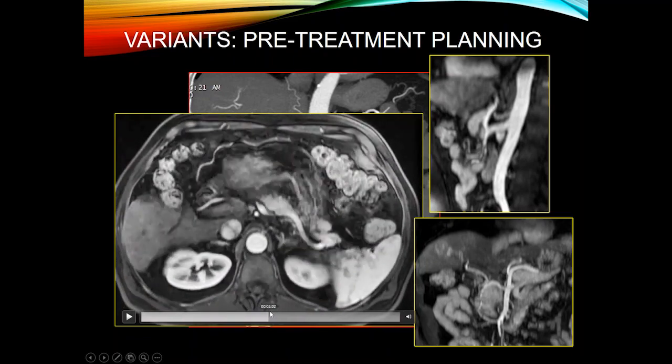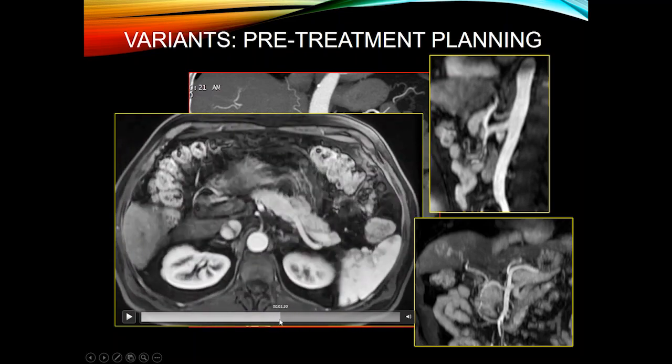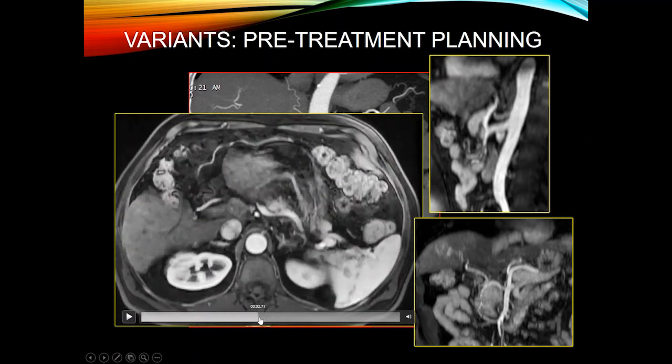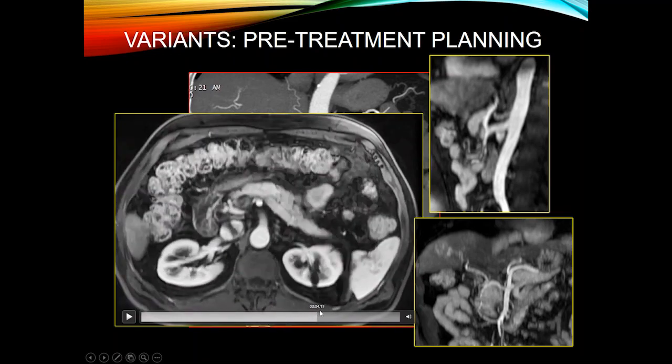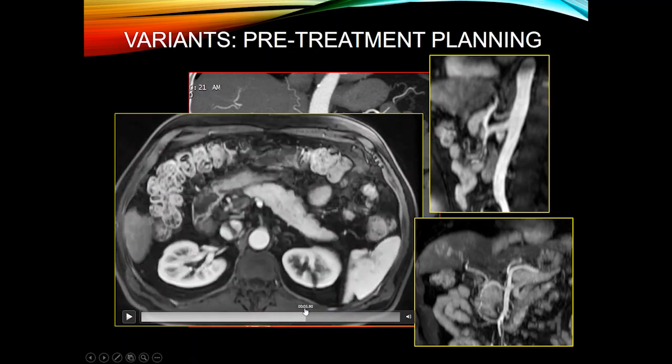So in this case, you'll notice that there are two vessels coming off the aorta, and actually the first vessel is not the celiac, but it is the left gastric artery, and that left gastric artery is supplying the left lobe, as you can see, segments 2, 3, and 4 branches, whereas the other artery is actually a common mesenteric trunk. It supplies both SMA and celiac branches.